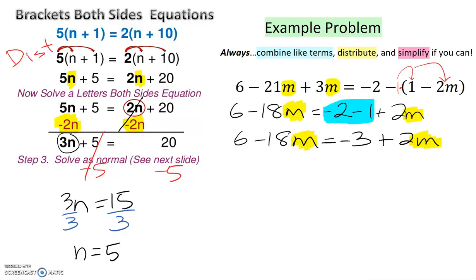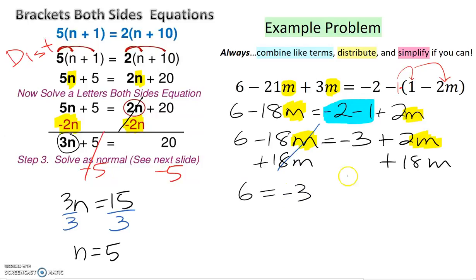We have the same variable on both sides. So if we move a negative 18, so this would be plus 18m, plus 18m, it would give us a positive answer. And I think that's what we always want to strive for with our variable. So we have 6 equals negative 3 plus 20m. Get the variable on one side.